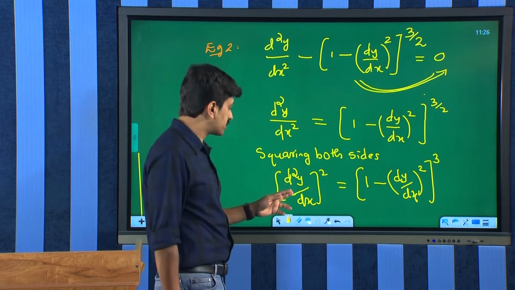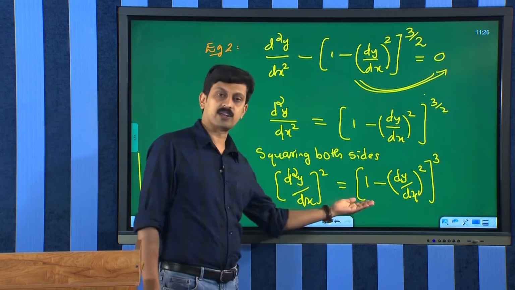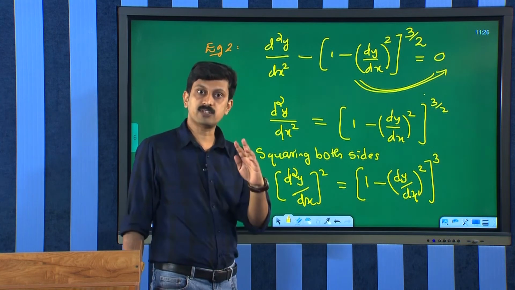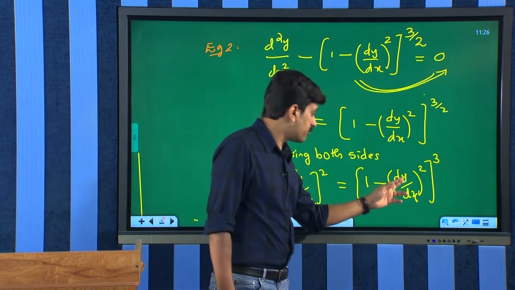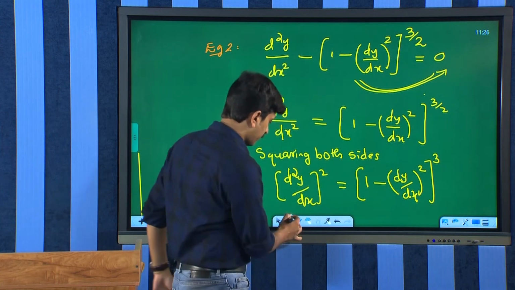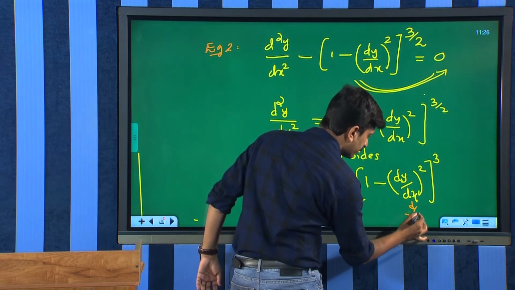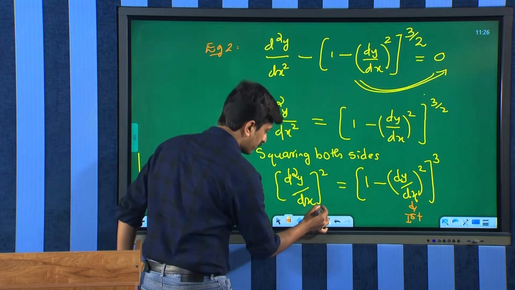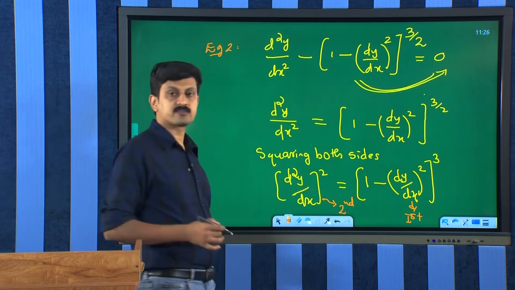See, my dear students, while checking this differential equation, we understood that there are two order derivatives there. This dy by dx is the first order derivative, and here this is the second order derivative.